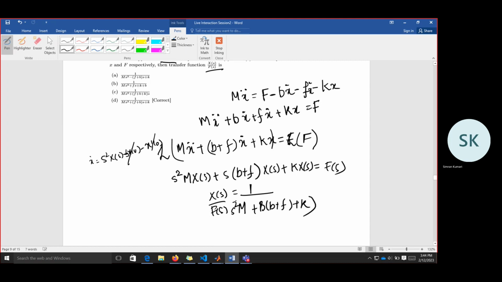So this is the transfer function. This one. Any doubt in this question?